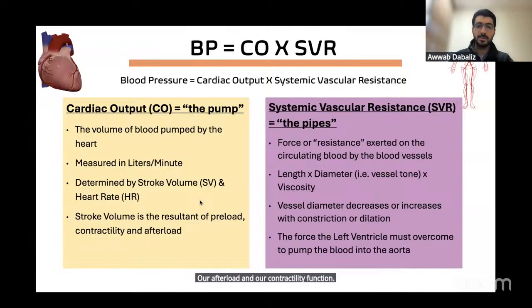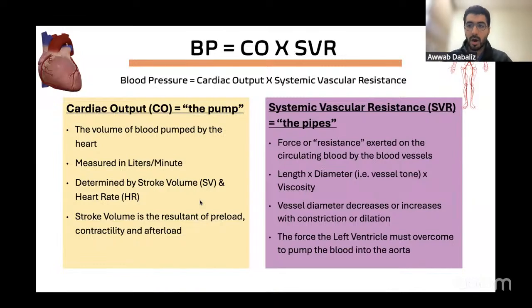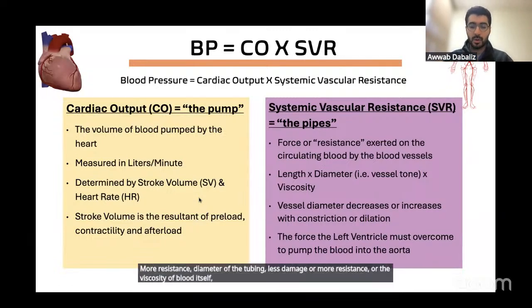When we talk about our systemic vascular resistance, or what we think about as the piping, as Dr. Kimsky was talking about, we can think about it as the force or resistance exerted on the circulating blood by the blood vessels. Different factors affect SVR: length of the tubing, where more length means more resistance; diameter of the tubing, where less diameter means more resistance; and the viscosity of blood itself, where more viscous means more resistance.